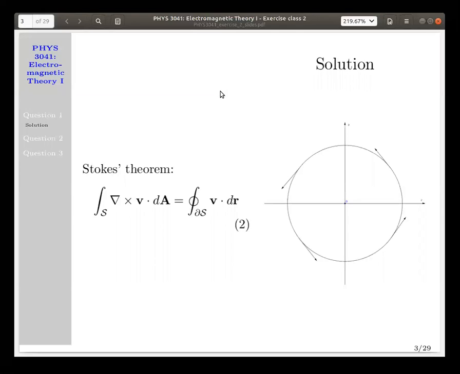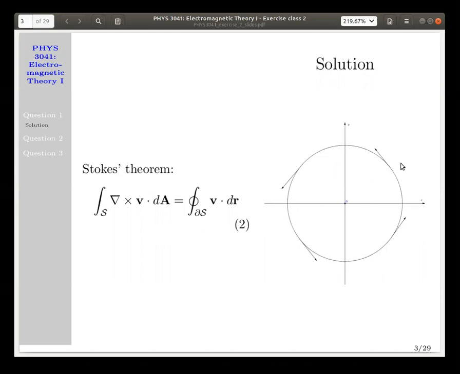In the question, you are asked to do the integration over a circular path, which means the integral of the curl of the vector field over the circular area on the left-hand side will be exactly equal to the path integral of the vector field along the circular path.